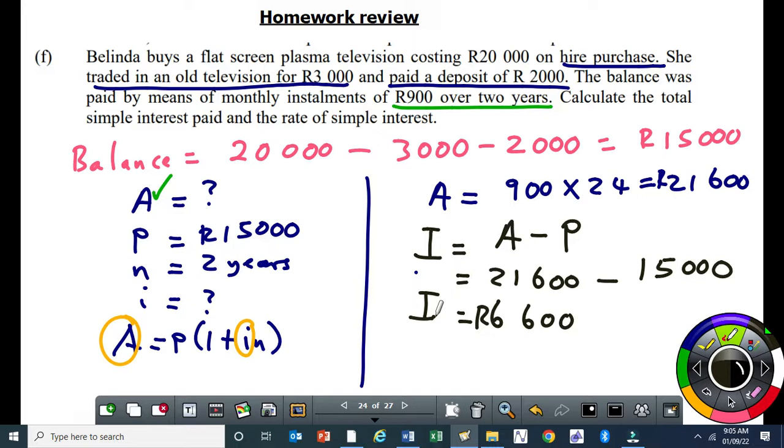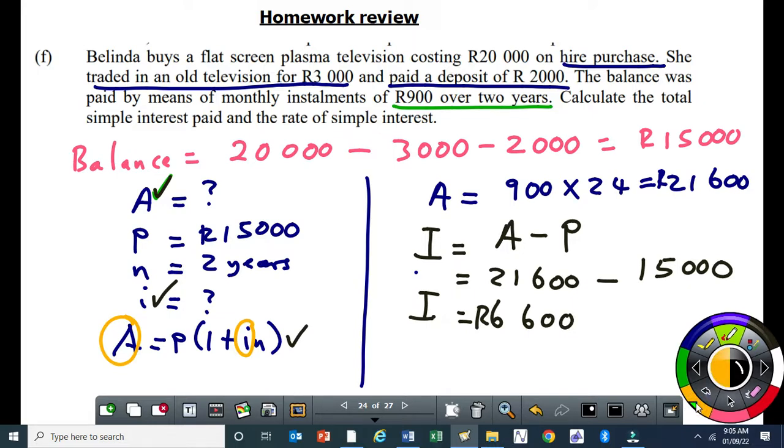So for this question, if you try to use this formula, it will not work because there were two unknowns. One, the A was not given. Two, the interest rate was not given. So you calculated the 900 over 24 months, then you have A, and now that we've got A, we can calculate I. Remember, this question has got two parts.